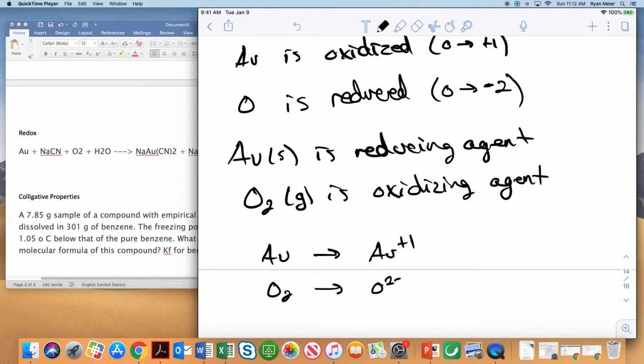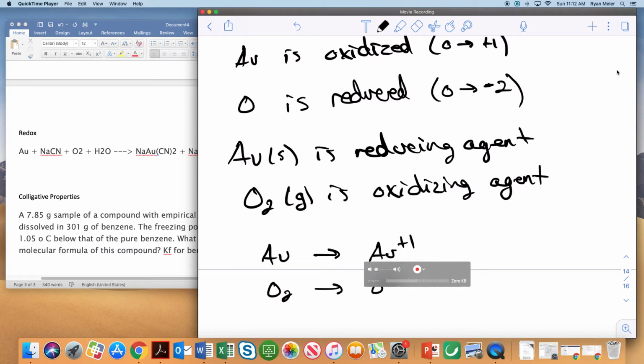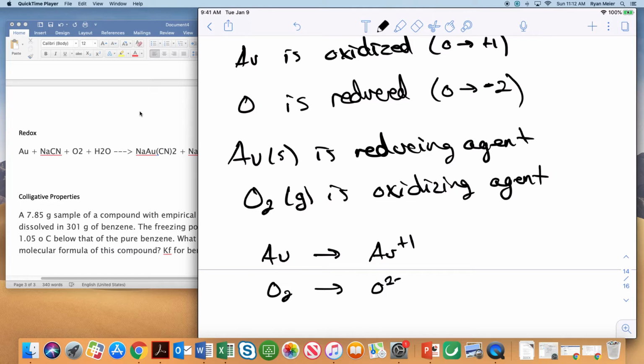For anything that we're doing calculations on, like out of our electrochem chapter, what we'd really care about is the number of electrons being transferred. We could figure out the moles of electrons being transferred to use in the Nernst equation by figuring out how many total electrons are being moved around. If gold is going from 0 to +1, that takes 1 electron, but to go from O2 to O2 minus, balancing that, 2 oxygens have to go to the 2 minus charge.